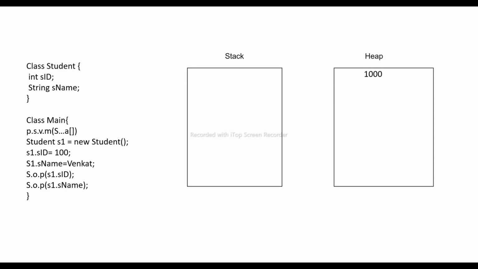As I told you earlier, my area of study would be the stack segment and the heap segment, so I have enlarged these two segments over here. This 1000 has come here by mistake, please ignore this. The moment you tell new Student, it goes to the student class.